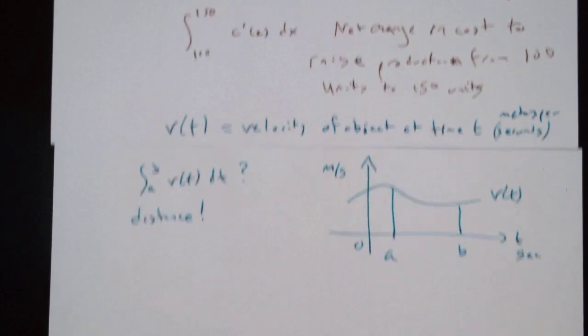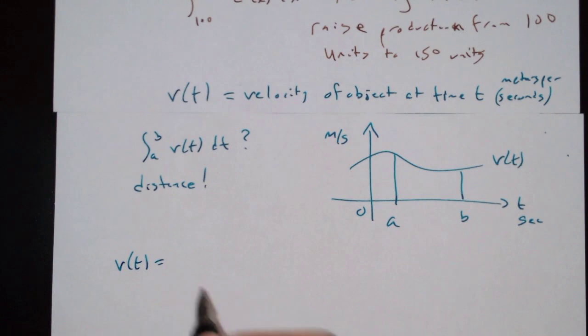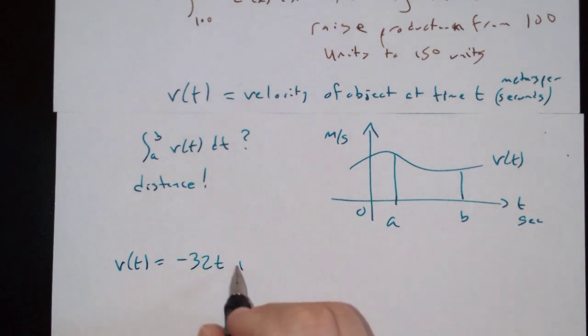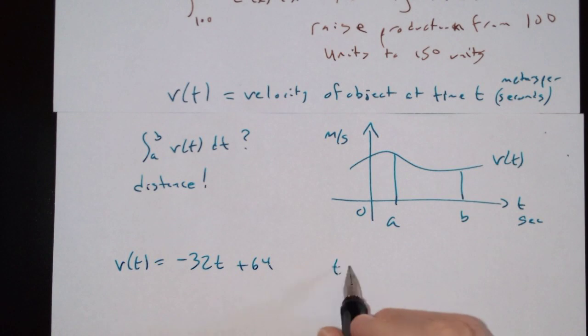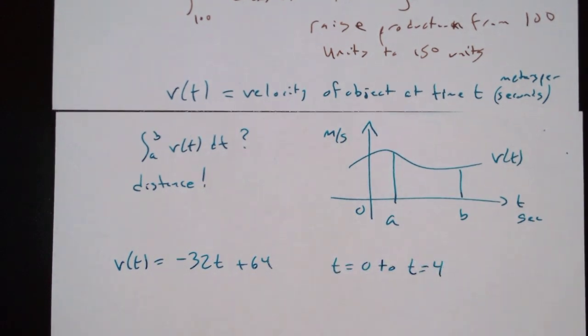Let me do an example. I have a velocity equation: minus 32t plus 64. I want the distance over the first 4 seconds. Please do the integral.